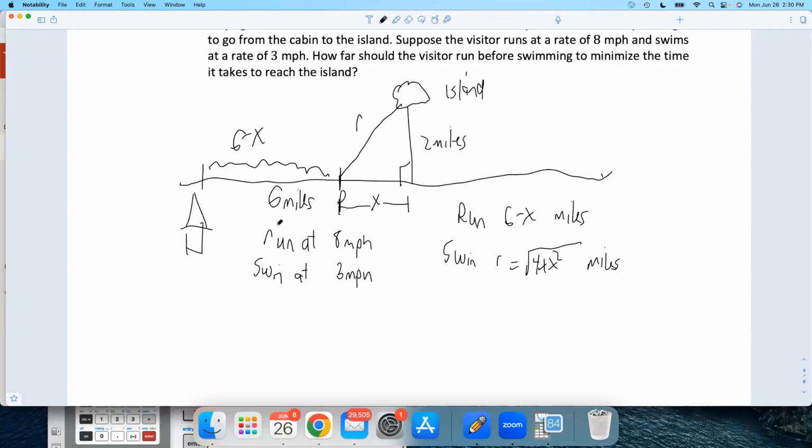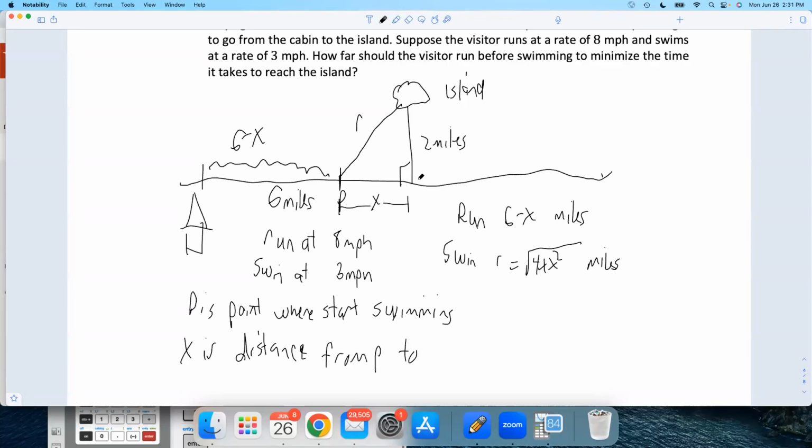Let's write here that P is the point where we jump in the water, where we start swimming. And x is the distance, not from the house to P, but from P to perpendicular to the island.